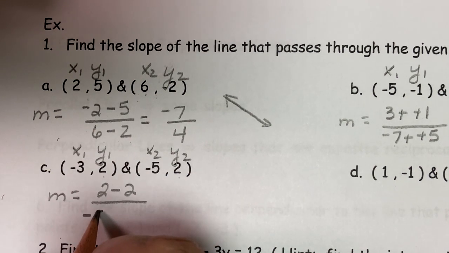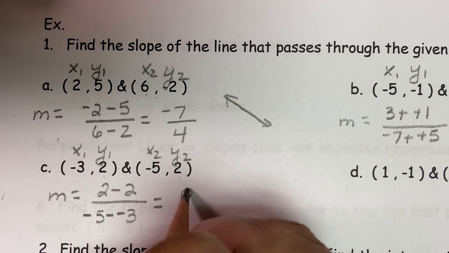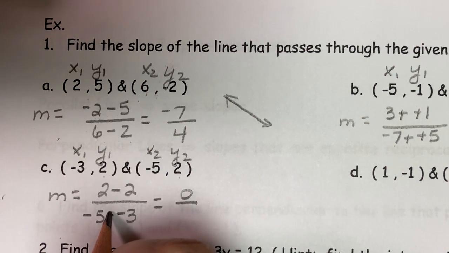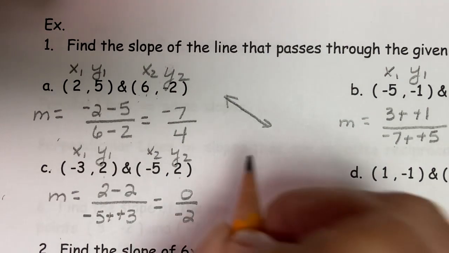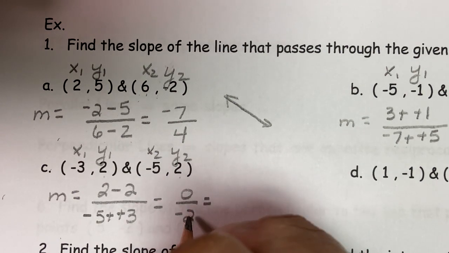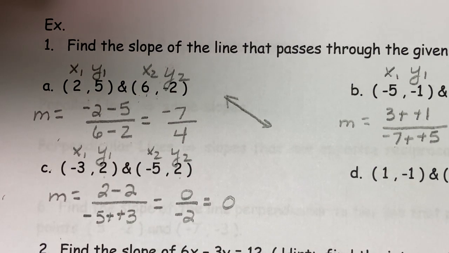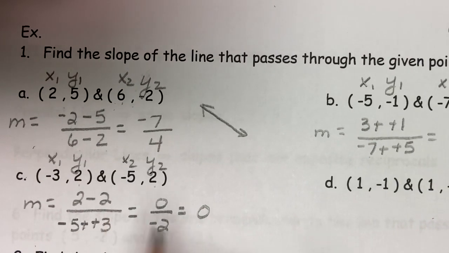And then x2 minus x1 is -5 minus -3, which is -2. That's going to give me a 0 on the top, and hopefully you remember that 0 divided by anything is 0. So this line would have a slope of 0.